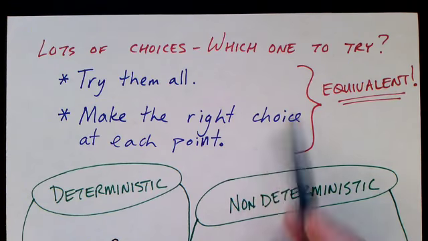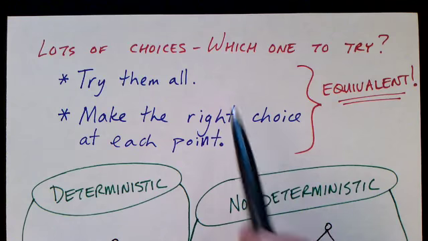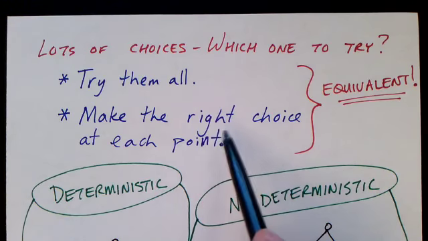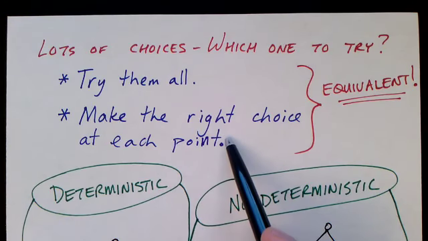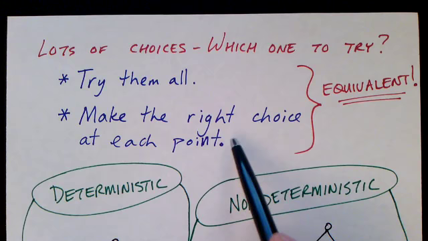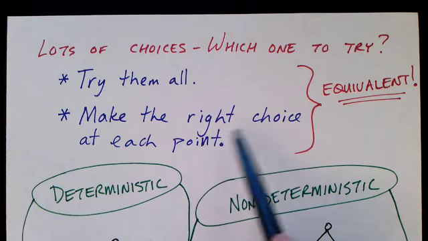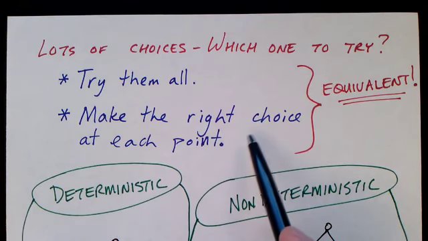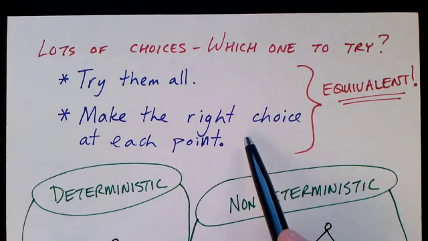These are both equivalent. It doesn't really matter whether we try them all systematically or whether we somehow know via an oracle or some magic which choice to make. If we can find a pathway from initial to final state that matches the string, then the string is accepted by the machine.